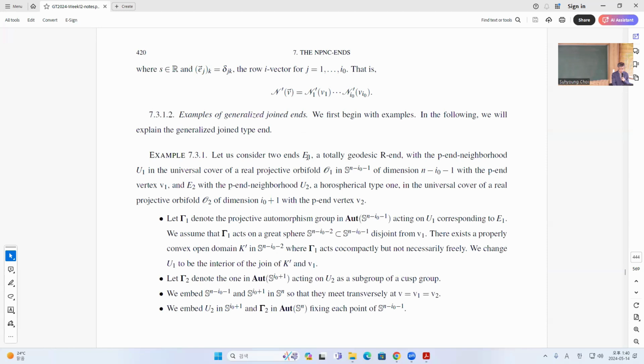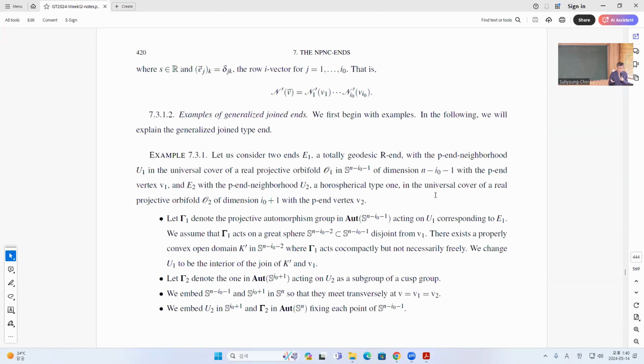So this is an example of a generalized join, and so this is a join and not yet a quasi-join. So let's take a totally geodesic R^n with the P^n labeled U1 in the universal cover. And then there's a P^n vertex B1 and E2 with a P^n labeled U2, which is horospherical, with a vertex B2. Okay.